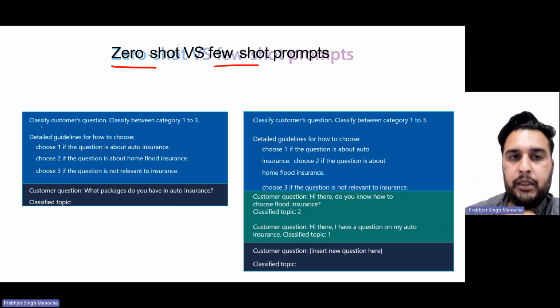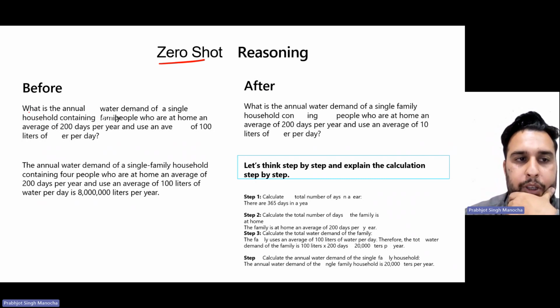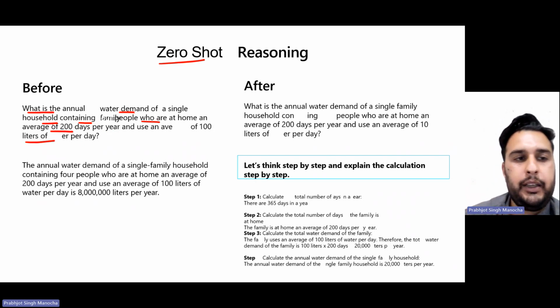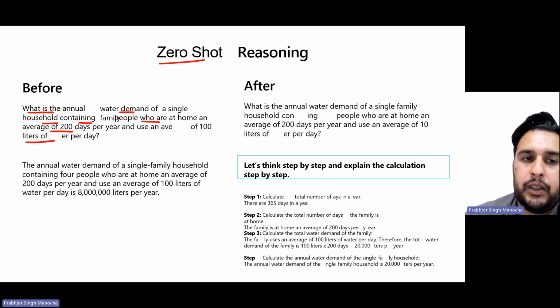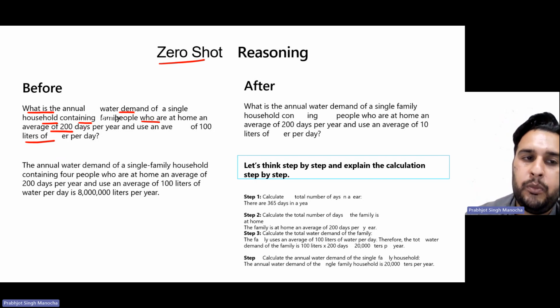For example, in this zero shot example, the question is: what is the annual water demand of a single household containing a family of people who are at home an average of 200 days per year, and they use an average of 100 liters of water per day?